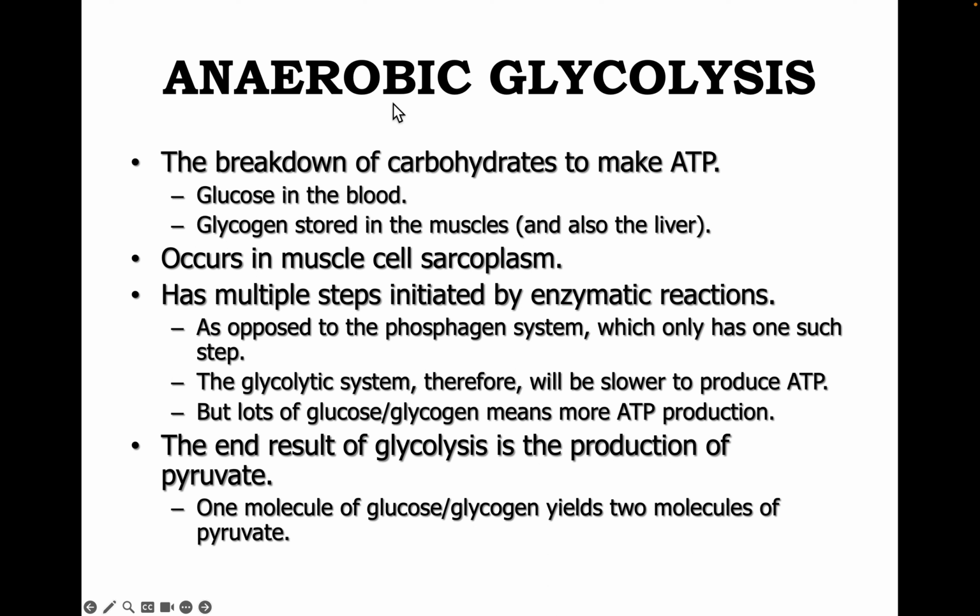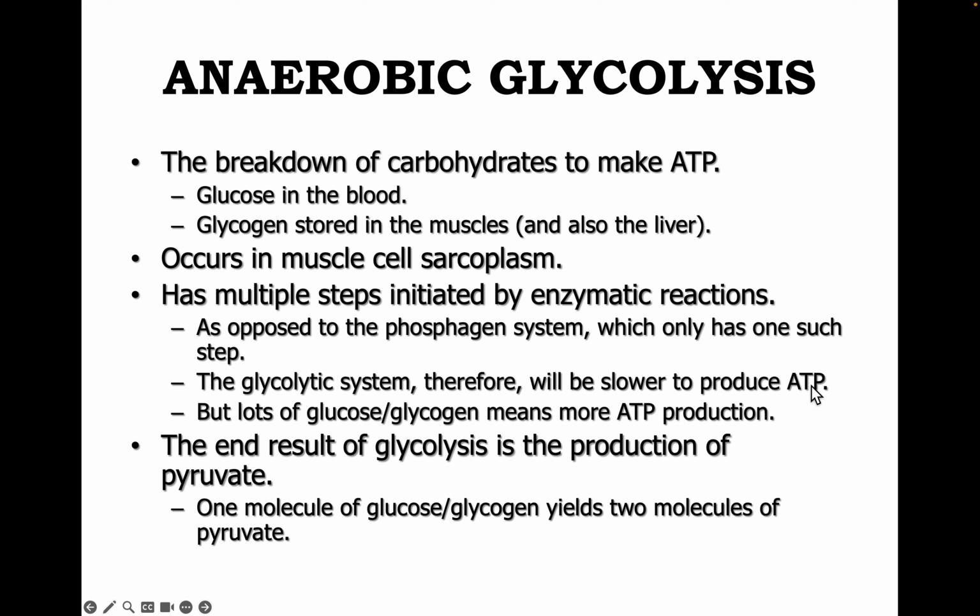Now, unlike the phosphocreatine energy system, which had one chemical reaction to create ATP, anaerobic glycolysis has multiple different chemical reactions that are used to create the ATP. Therefore, since the phosphagen system has only one chemical reaction step compared to anaerobic glycolysis, which has multiple enzyme reactions, the glycolytic system will be slower to produce ATP.